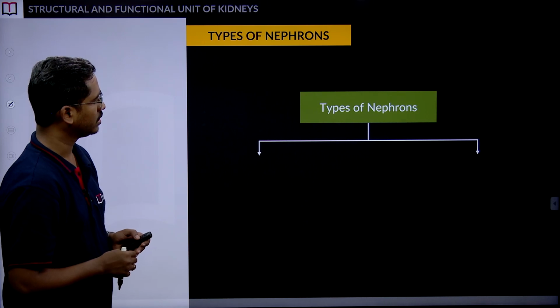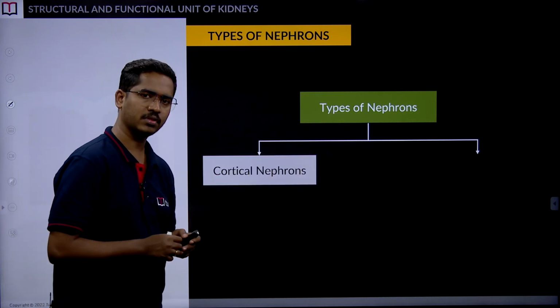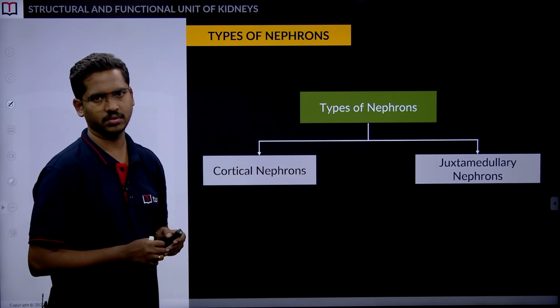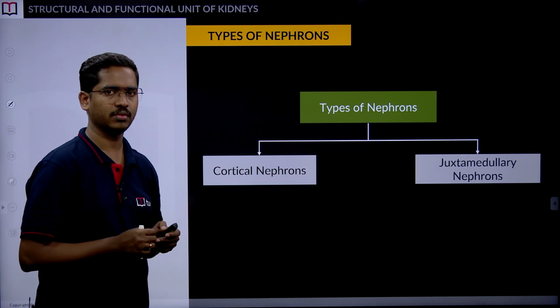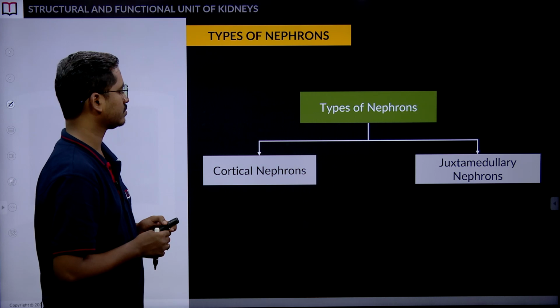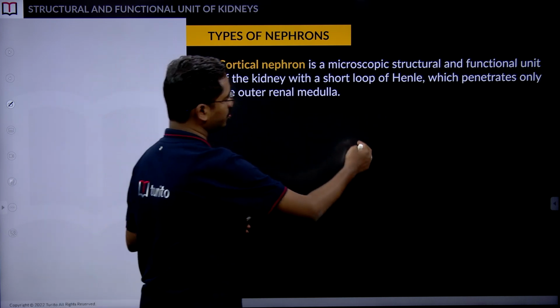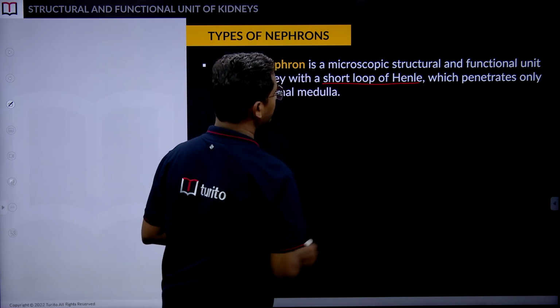Next you see there are types of nephrons, as I said, cortical nephrons and juxtamedullary nephrons. So, we have to understand them both. Okay. So, let us move forward. What are cortical nephrons? It is a microscopic structural and functional unit of kidney with a short loop of Henle.